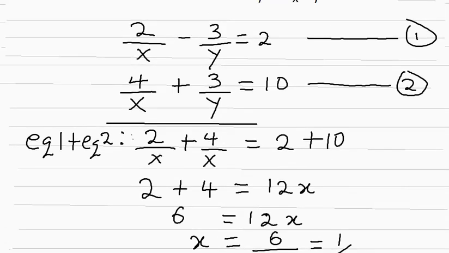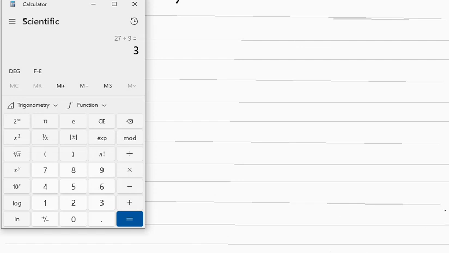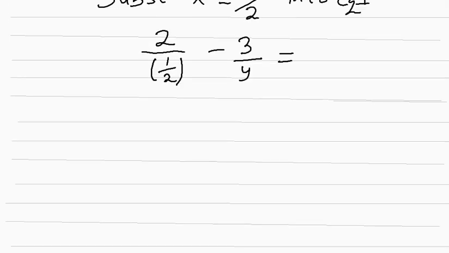It's equal to 2. So of course, 2 divided by half is 4. 2 divided by half is simply 4. Then minus 3 all over y is equal to 2.